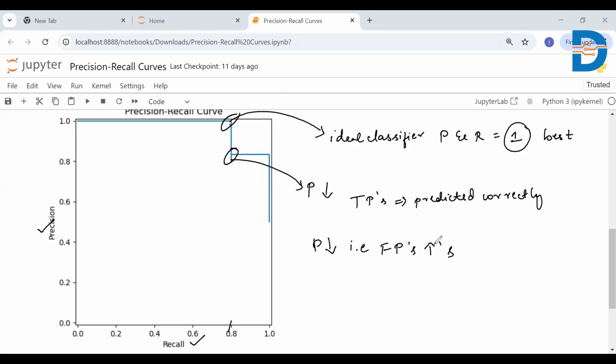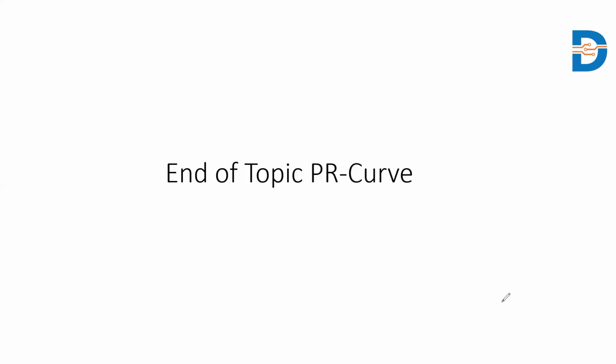We always want true positives and true negatives to be higher in our dataset, so for that, our precision and recall should always be high. That is an illustration we can understand with the precision recall curve: precision and recall plotted together, evaluated at different thresholds, give us an understanding of model performance.